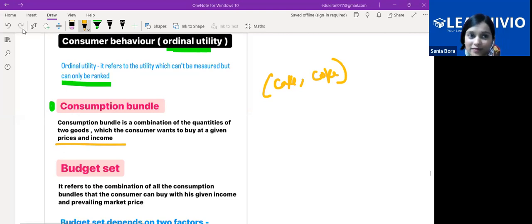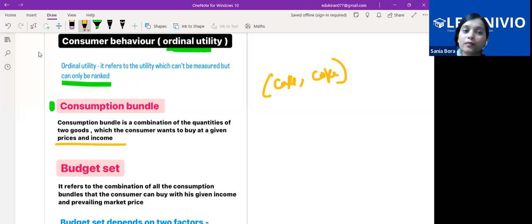Fine, ma'am. Very first class with me. Yes, we had trials as well. But you joined in between of a chapter, so I don't know how you will catch up. So we'll have some backup class. Have you done consumer equilibrium in your school? Yes, ma'am. Okay, so I think it will be easy for you to understand. But I'll give you some backup class so you will get to know about the previous.